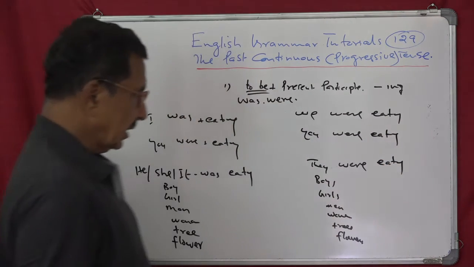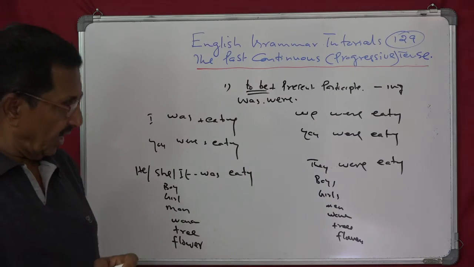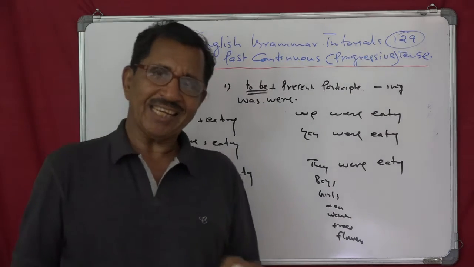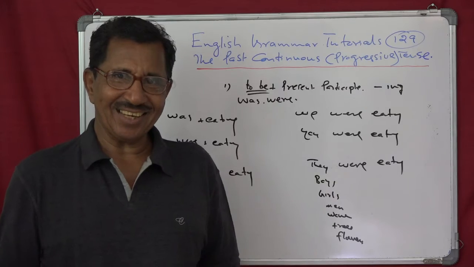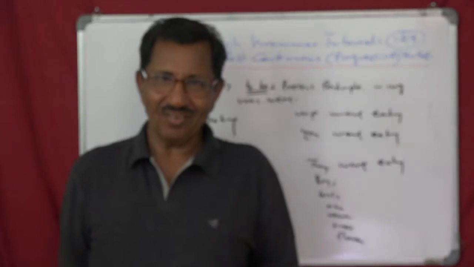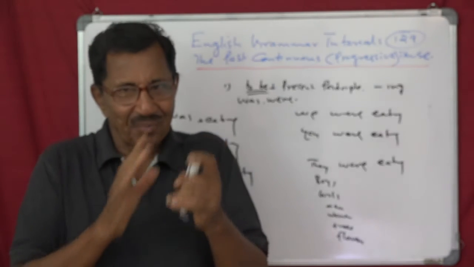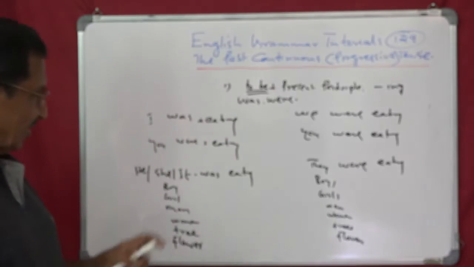Boys were eating. Girls were eating. Men were eating. Women were eating. Trees were standing. Trees cannot eat. And then flowers were fluttering in the wind. Fluttering is moving gently in the breeze. Understand? So there you go.